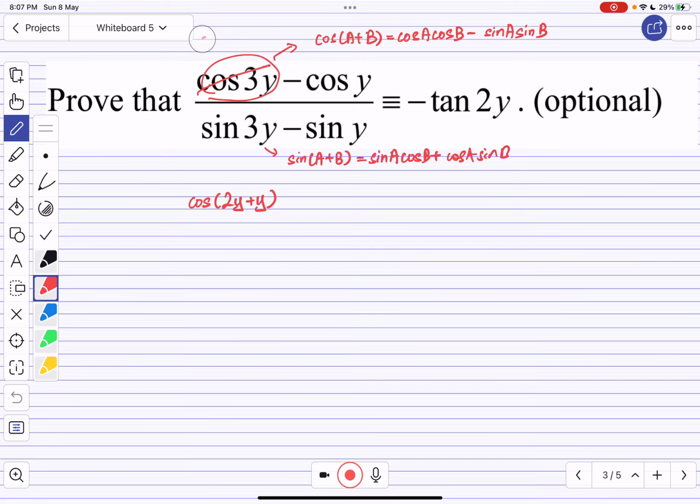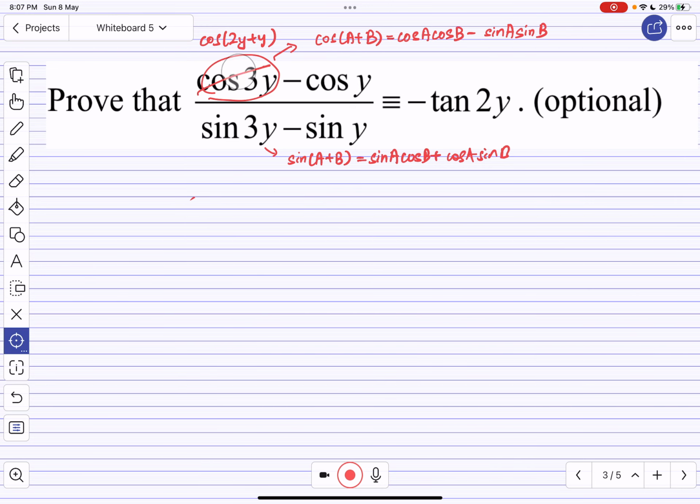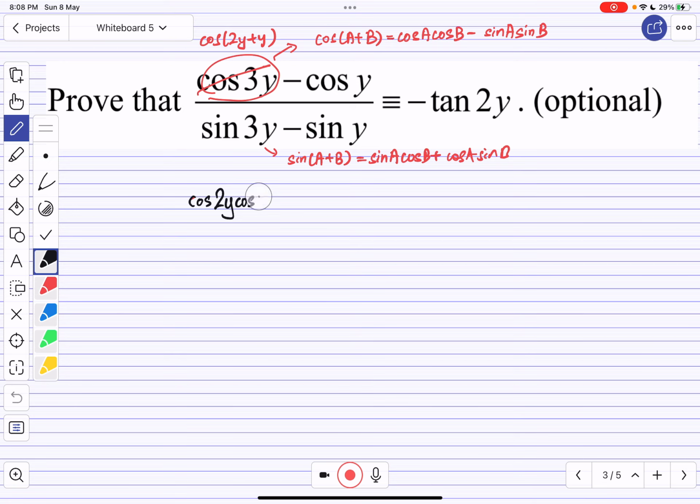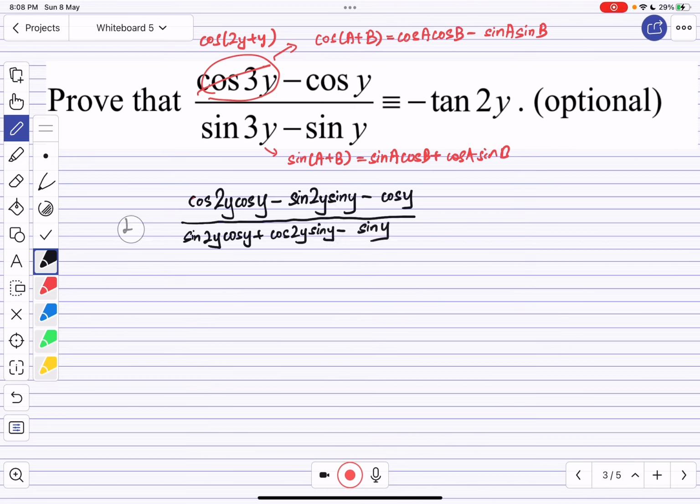I can then rewrite this as cos A cos B minus sin A sin B minus cosine y, over sin A cos B plus cos A sin B minus sin y. This is just me starting with the left hand side.